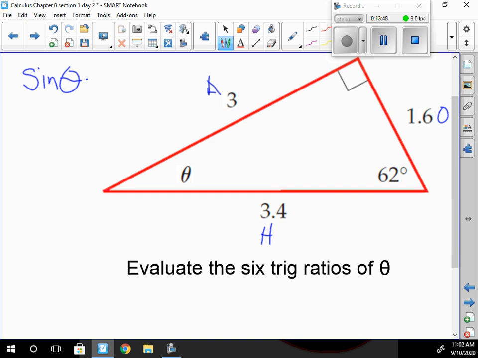Sine theta, opposite over hypotenuse, 1.6 over 3.4. Cosine theta, adjacent over hypotenuse, 3 over 3.4. Tan theta, opposite over adjacent, 1.6 over 3.